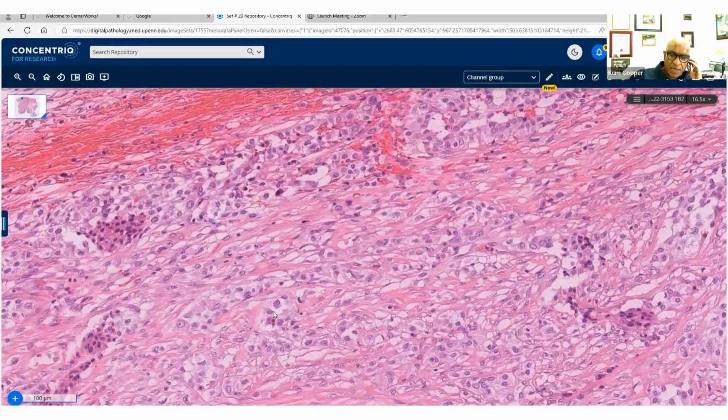And the other consideration, given the morphology with these epithelioid cells, would be an epithelioid MPNST, epithelioid malignant peripheral nerve sheath tumor. Now, a subset of those are deficient for INI1, which is SMARCB1, and that was intact in this case.